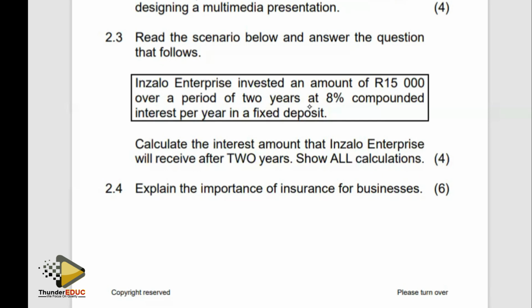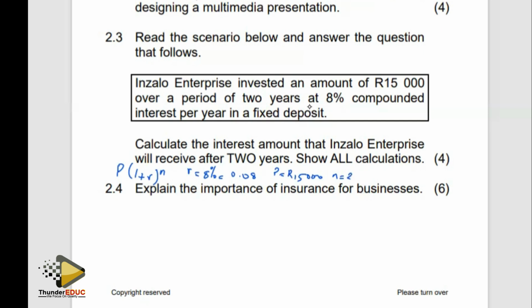Here we are going to use the formula P multiplied by 1 plus R, then raised to power N. In this regard, R is 80%, and now 8% is equivalent to 0.08. Then we have our P, which is going to be 15,000. Then our N is going to be 2.